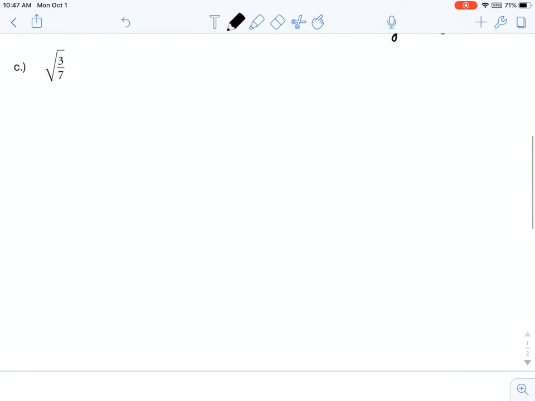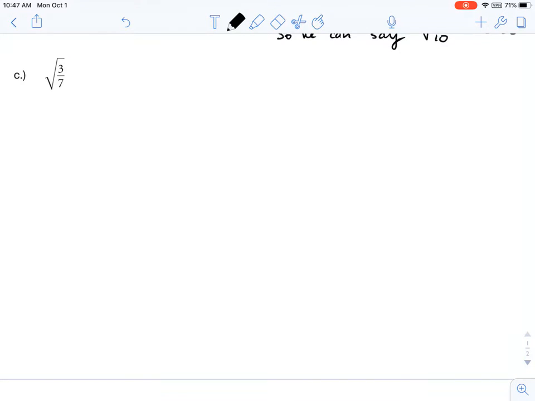And the last way, we have 3 over 7, or the square root of 3 over 7. So what I would do is choose a fraction that's a little bit easier to work with. So we know that 3 over 7 is a little less than 1/2. 1/2 is a little bit easier to work with.